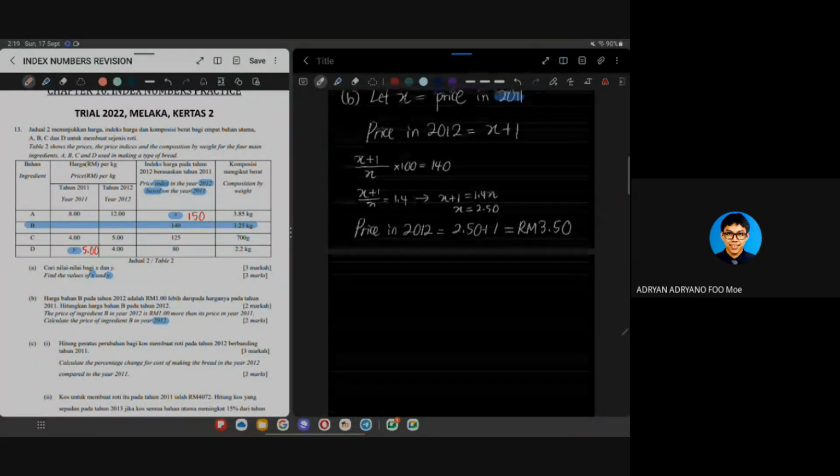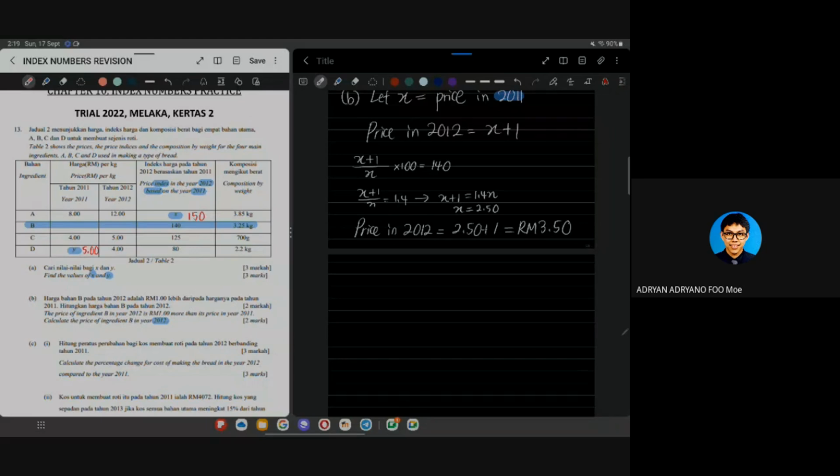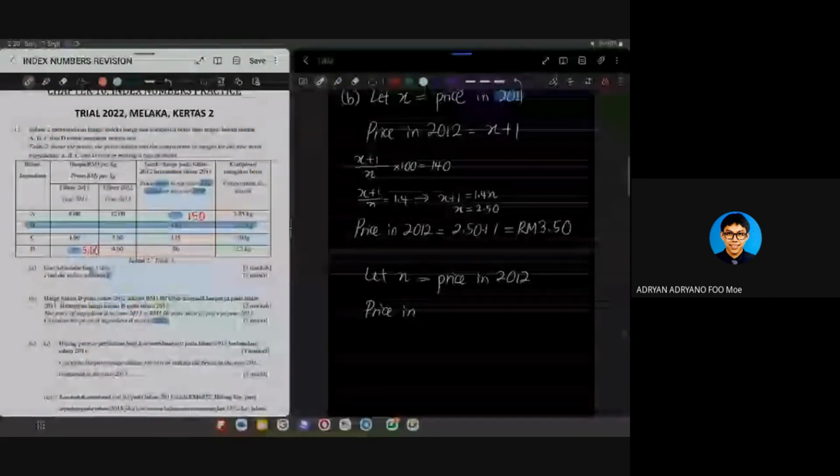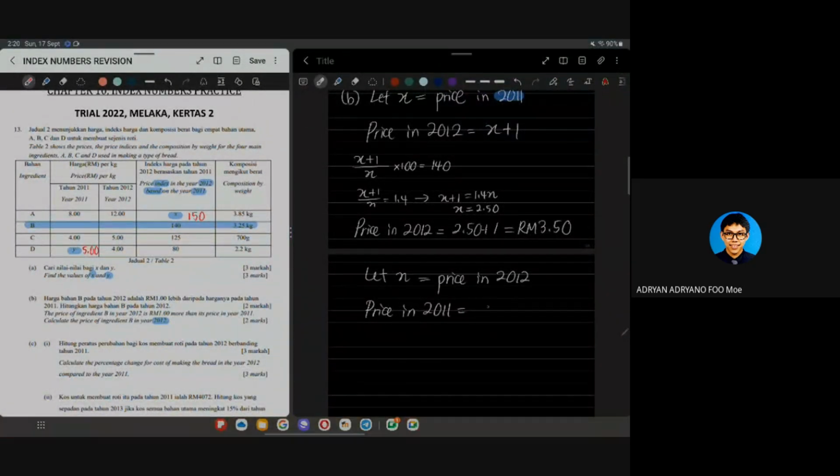But there's actually another method, though it's the same thing, where we let X equal the price in 2012. Therefore, the price in 2011 would be X minus 1. Same thing, but it depends on you. If you use this method, you get your X, that is your answer, 2012.